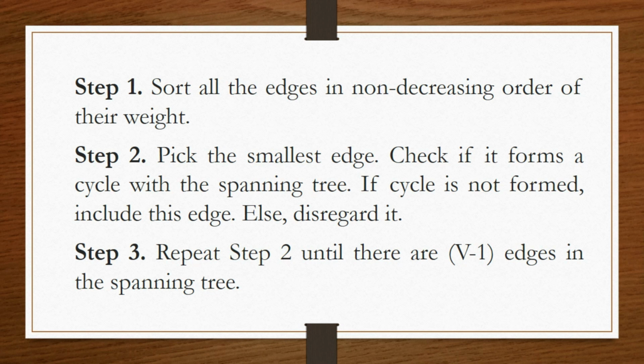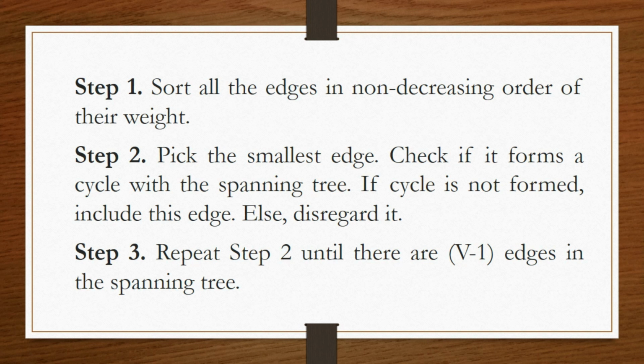So ito yung sinasabi natin kanina na bawal yung mag-form ng cycle when it comes to finding the minimum spanning tree. So kapag daw nag-form siya ng cycle, hindi natin siya ilalagay. Kapag hindi naman siya nagkaroon ng cycle form, we're going to include this edge in the minimum spanning tree.